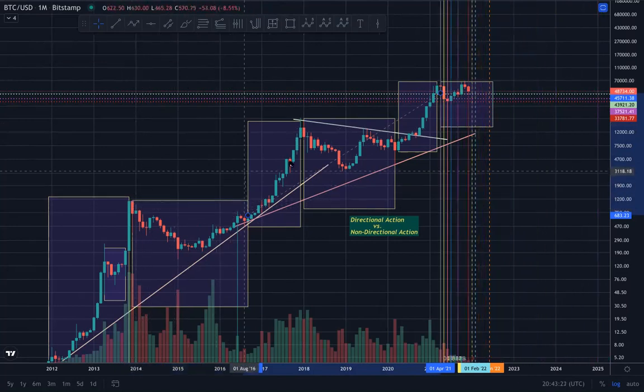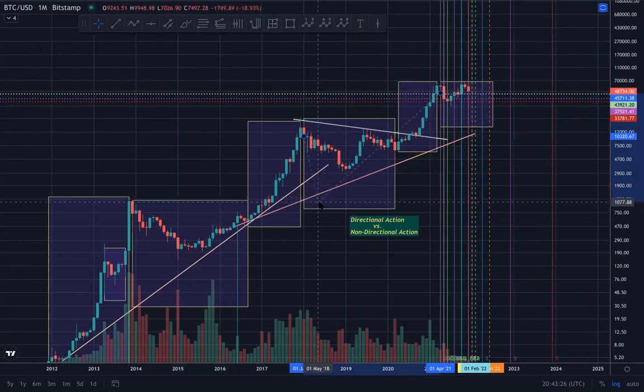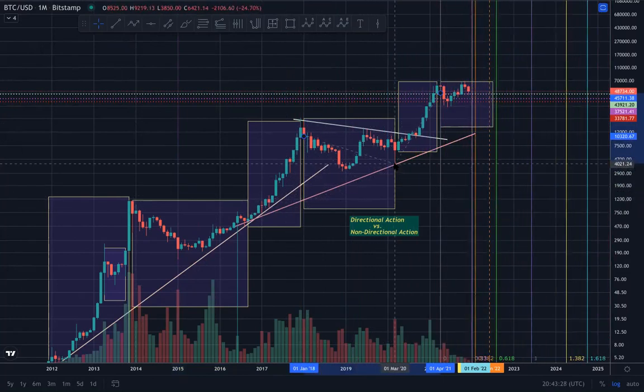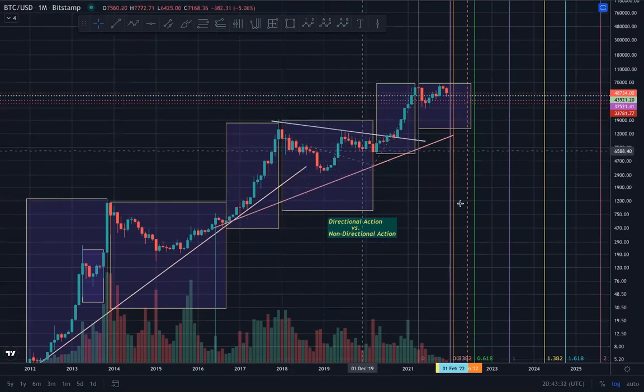If we compare it with the 2018, 19, 20, then 1-to-1 would be June of 2023. So we had January 2024 if comparing to this, and June of 2023 to be 1-to-1 with this whole sideways action here.